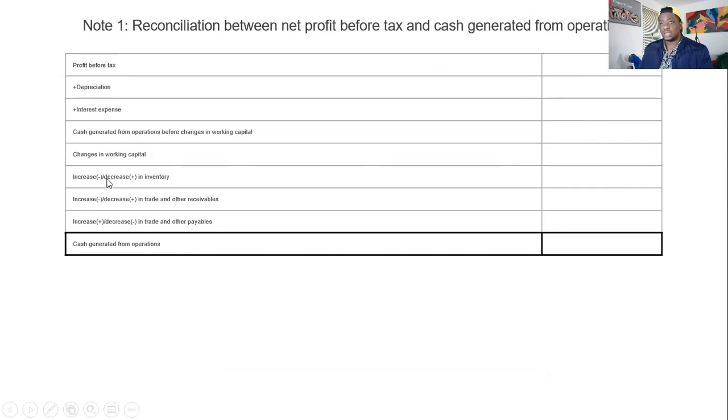So there will be an increase or decrease in inventory. If inventory increases, that affects your cash negatively because it means you're buying more inventory. If it decreases, that's good because it means you're getting sales. So when inventory decreases, you have a plus, and if it increases, you have a minus.